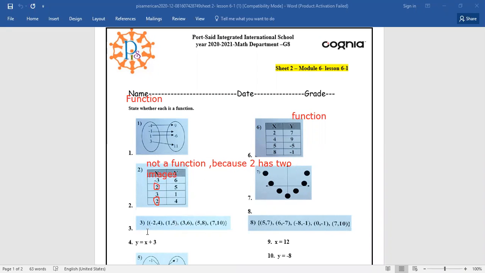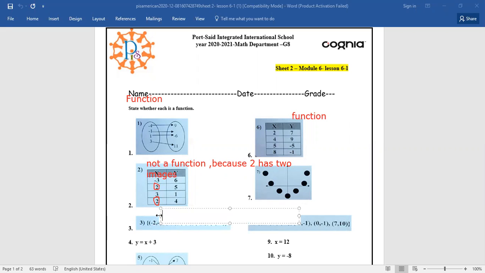Question number 3, it's a set of ordered pairs. So we have to know if this one represents a function or not. We have to care about only x: -2, 1, 3, 5, 7. In this one, we didn't note that we have any elements on x connected 2 times or repeating 2 times.